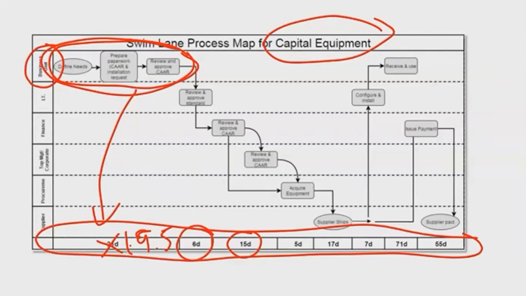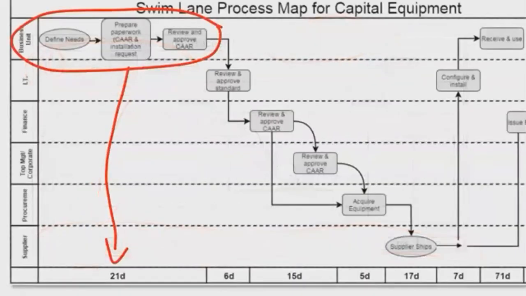Be careful though when you decide to use a timeline like this. Here's the trap that can sometimes occur. Timelines are typically drawn to the scale of the steps drawn out, not necessarily drawn out to the actual time elements.